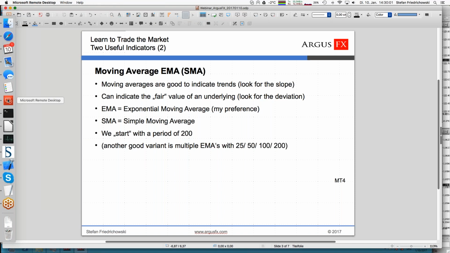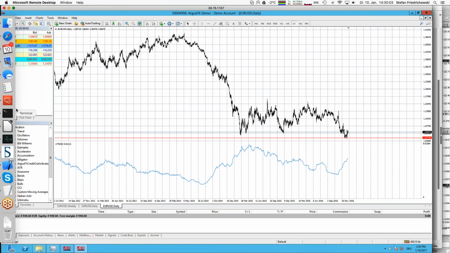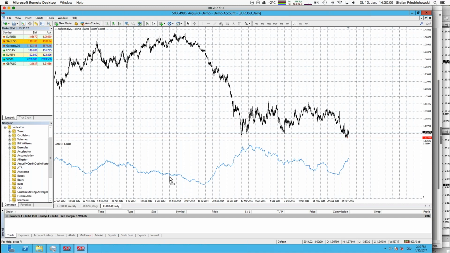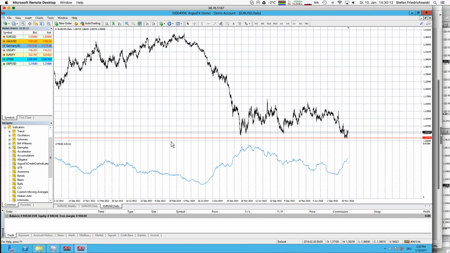Let's look at the chart once again here. First I will make this ATR sub chart a little bit smaller because I don't want to spend too much space on that here. But now, for whatever reason, it doesn't work. Let me try again.